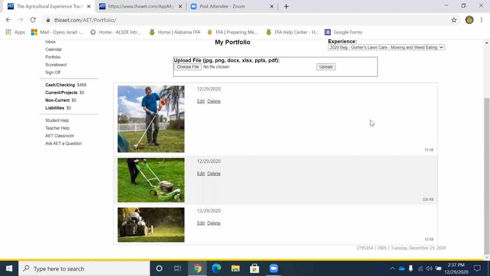Don't use the same picture in 2 SAEs for the same kid, and certainly don't use the same one for 2 different kids, because that's plagiarism and that'll get you disqualified. If this one kid has 2 different SAEs that both might be using some of the same pictures, don't put the same picture in 2 different SAEs for the same student, because you're going to get caught. Somebody's going to see it.